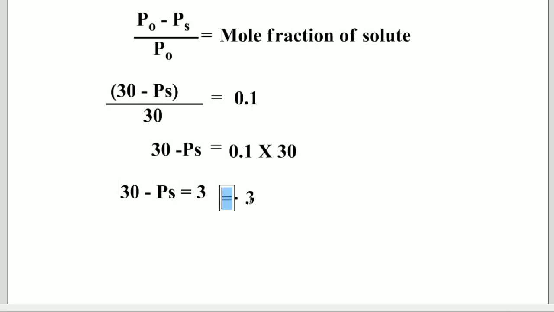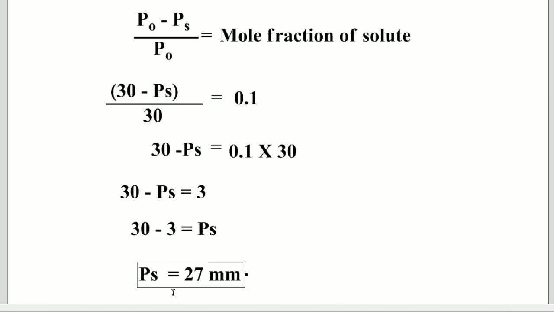If you bring the 3 which is present on the right hand side to the left hand side, the equation becomes, that is nothing but our desired PS, 30 minus 3 is equal to PS. That implies the vapor pressure of the solution PS is equal to 27 mm of Hg.